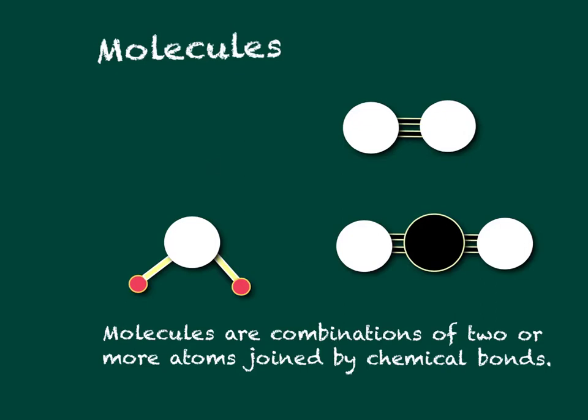This one is also a compound because it's atoms of two different elements combined. But this one here, although it's a molecule, is a combination of two or more atoms. The atoms are actually of the same element, so it's not a compound. This one here is O2, which is the form of the oxygen around us in the atmosphere. This one, as we've already learned, is H2O, water, and this one, CO2, carbon dioxide.